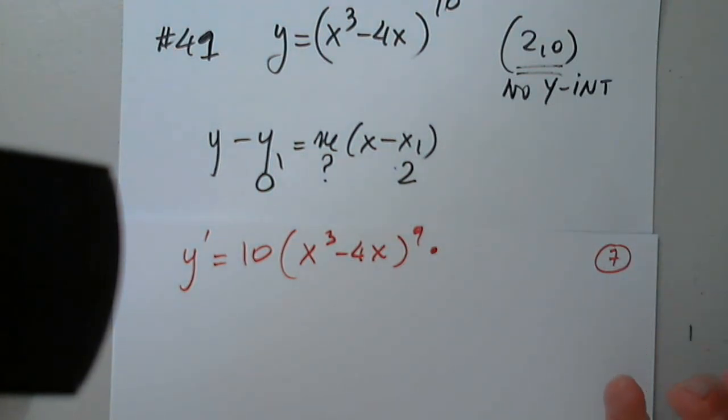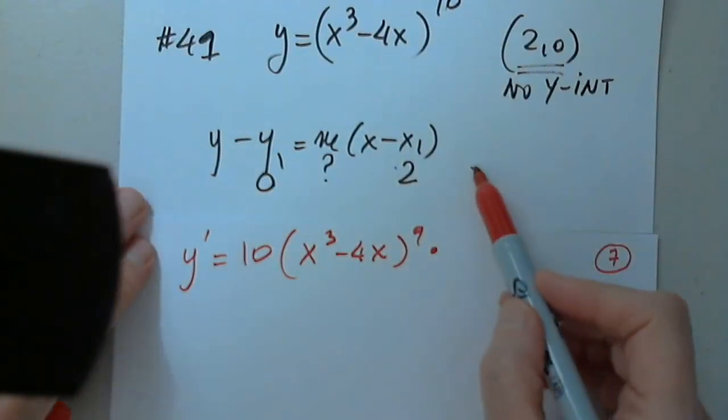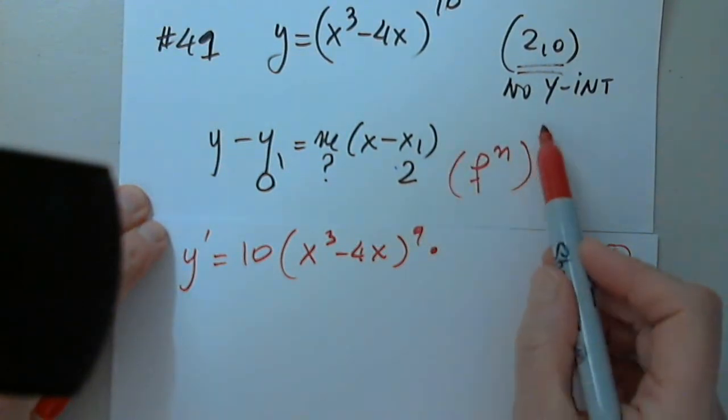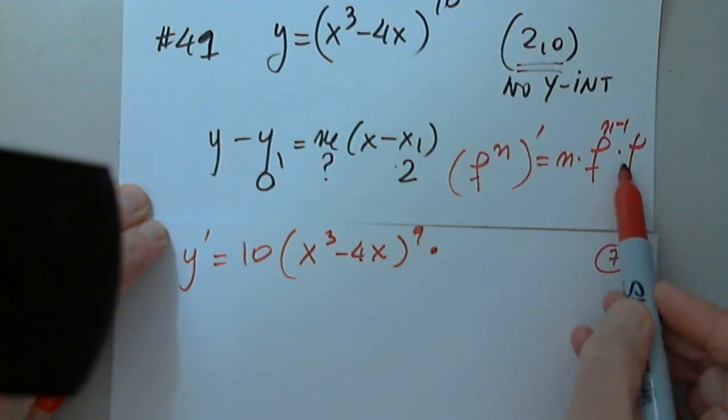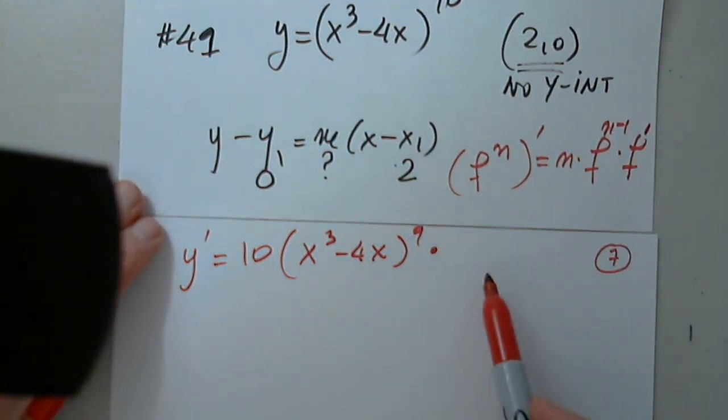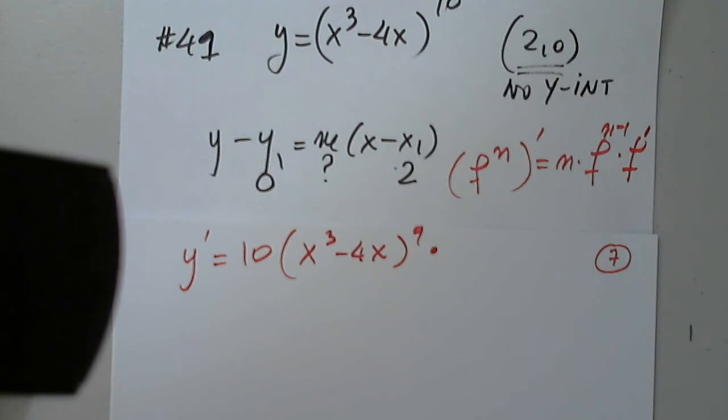This is not enough. It's good, but not good enough. The formula for a function to the power n prime is n f to n minus 1 times f prime. If I don't continue with f prime, this is not good.